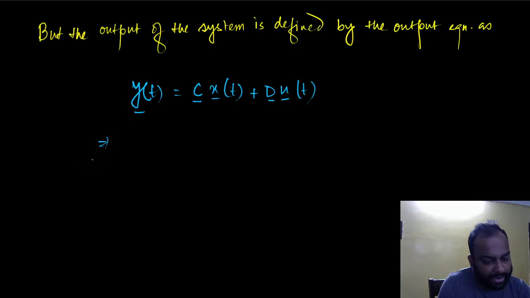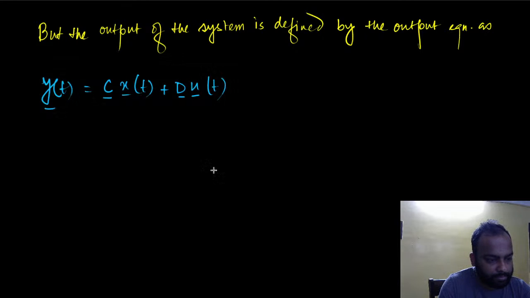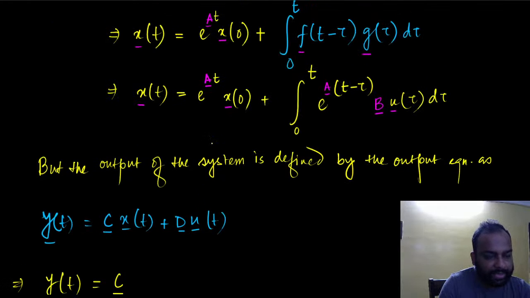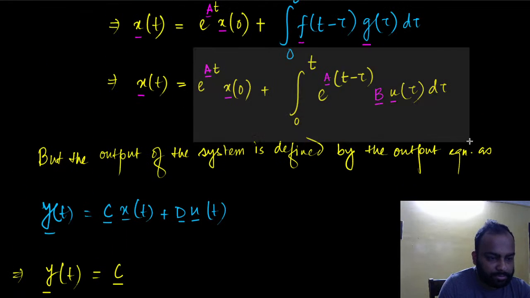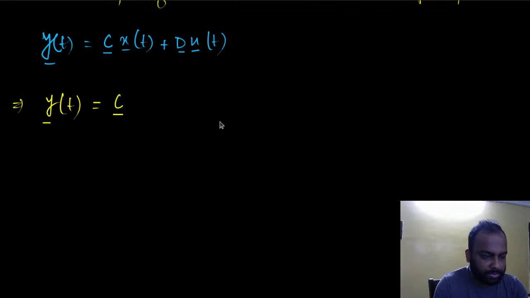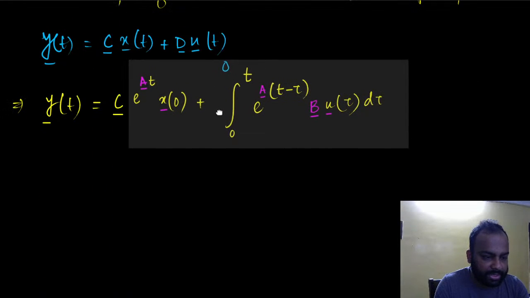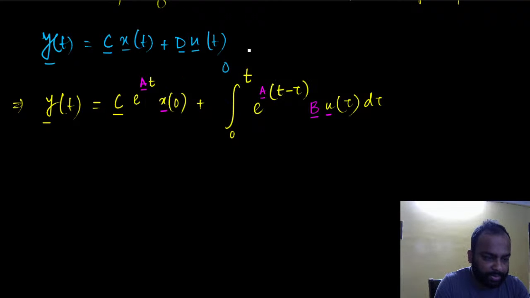Which implies now that the output y(t), which is a vector quantity, not necessarily a scalar quantity, could be anything. So C should be multiplied by this, just like yesterday, and C will get multiplied in proper order.